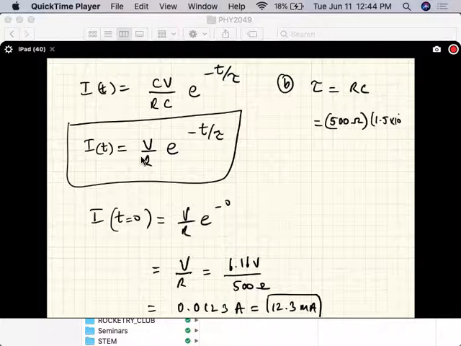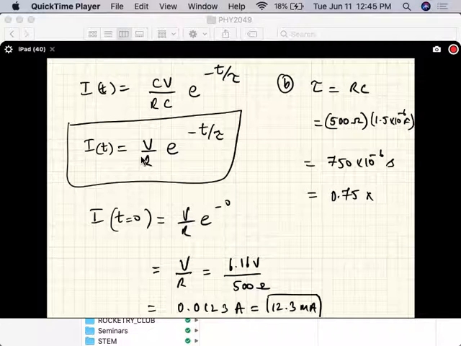Ohms times farads is time, seconds, so this is 750 times 10 to the minus 6 seconds, and we'll write this as 0.75 times 10 to the minus 3 seconds, 0.75 milliseconds.